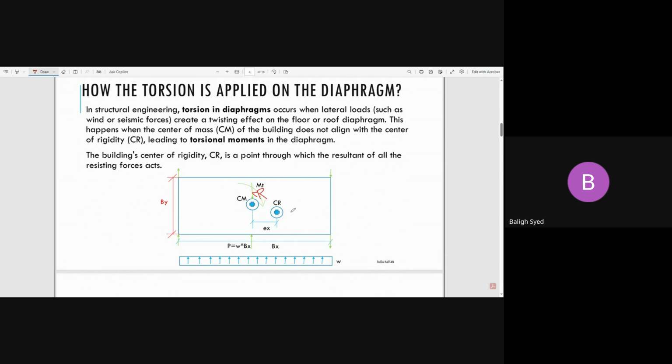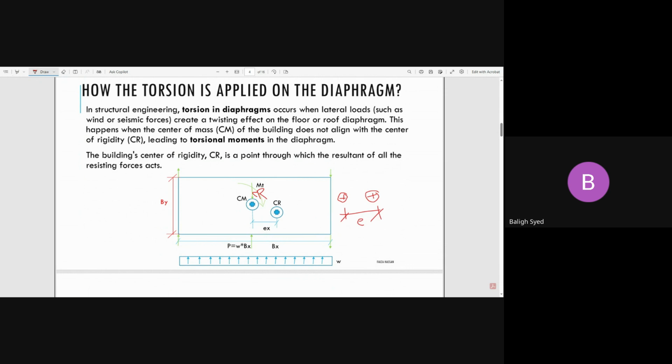So the code says that even when everything is symmetrical, you will always have this offset. Make sense? You will have this E between these two main centers of the structure. This is the center of stiffness, the center of rigidity, and this is the center of mass. The code says you have to add it.